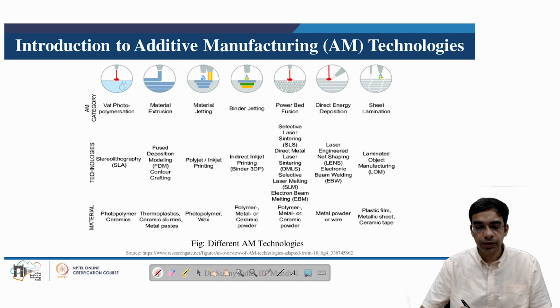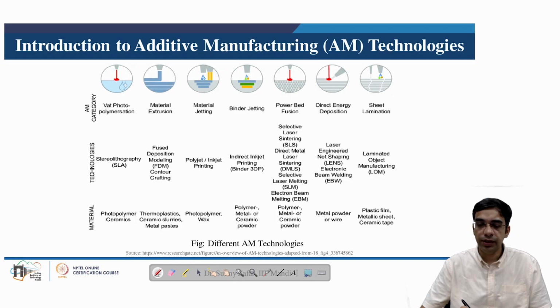These technologies are based on several principles. For example, vat photopolymerization is based on stereolithography. Material extrusion is based on fused deposition modeling. Material jetting is based on PolyJet or inkjet printing. Binder jetting is based on indirect inkjet printing, or what we call binder 3D printing.